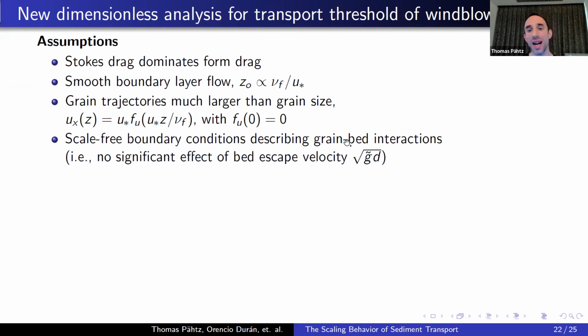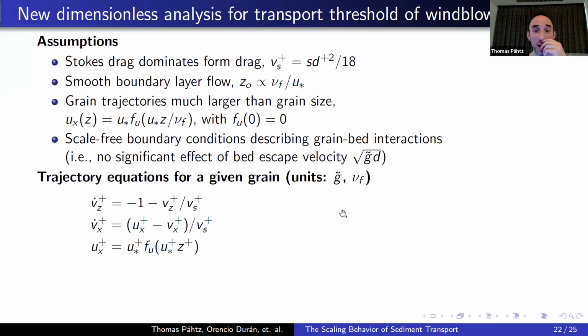When a particle collides with the bed, we assume that the outcome of this collision only depends on the impact velocity, but not on other scales, such as the bed escape velocity scale. I'll explain in a minute what that means.